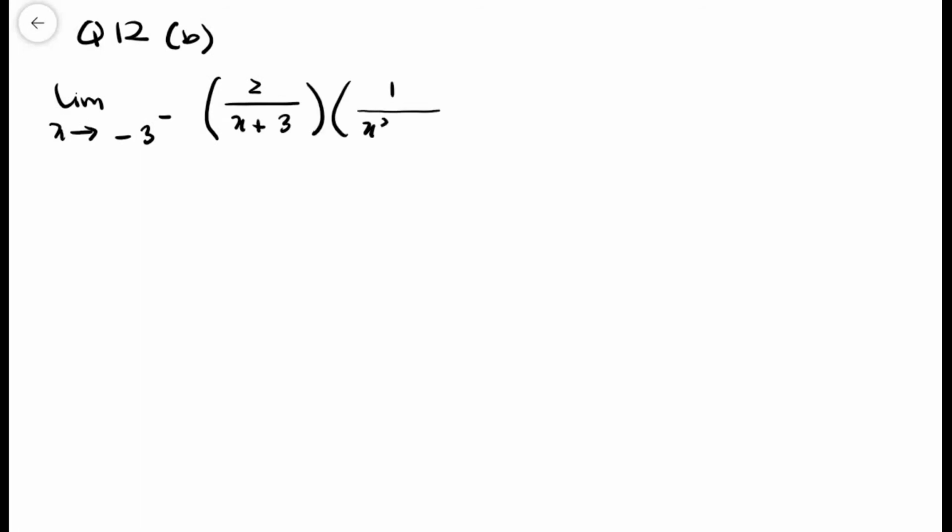Let us continue with question 12b. They give you the limit as x approaches negative 3 from the left of the function 2 over (x plus 3) multiplied by 1 over (x squared plus 9). By substitution, we just need to check.